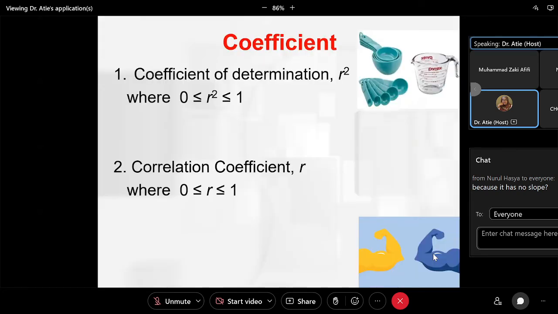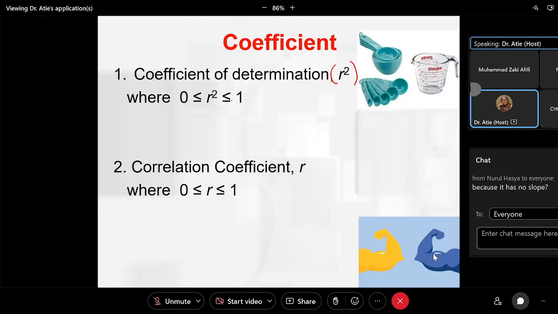Okay. So there are two types of coefficient that we need to calculate and understand. The first one, we call it the coefficient of determination, and we put it as R square. The value of R square is between 0 and 1.